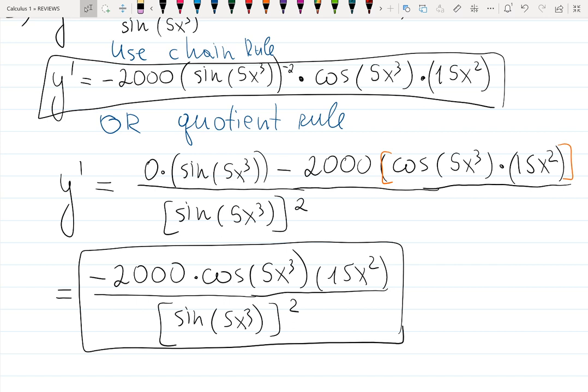For example, you can also rewrite this piece over here as cosecant squared, right? Because 1 over sine is cosecant. So definitely review these guys.